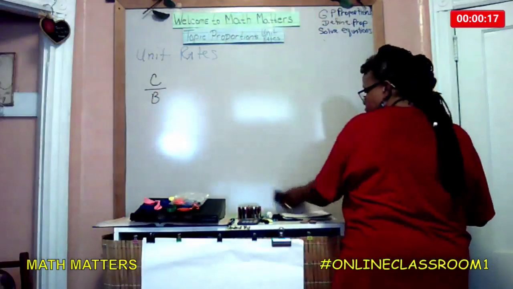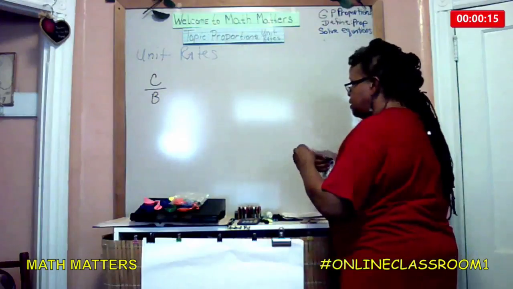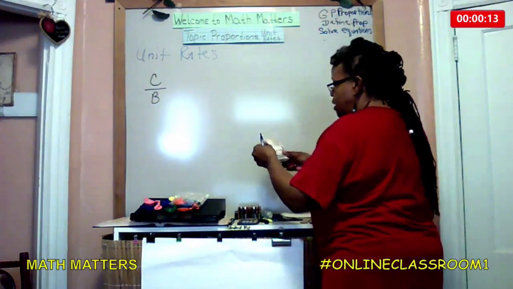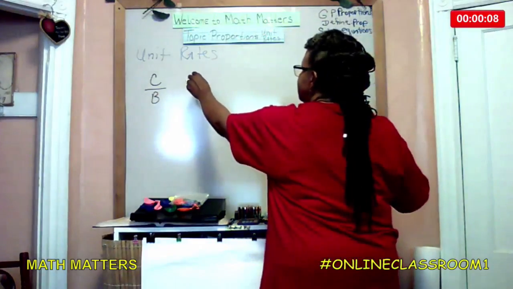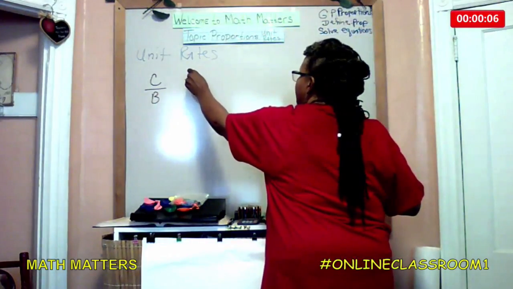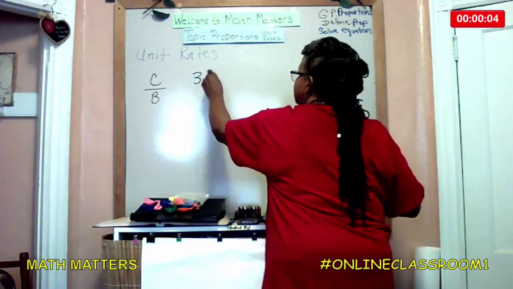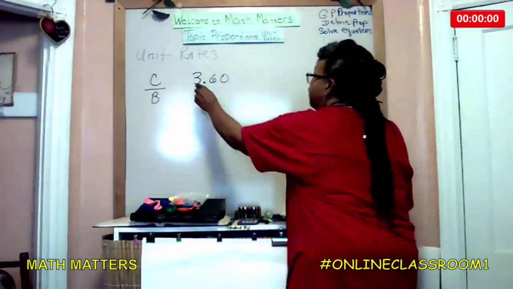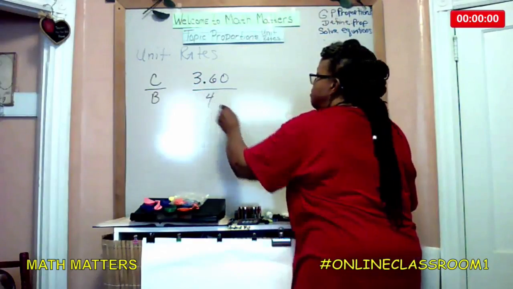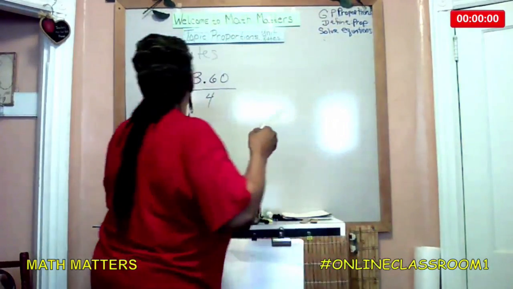I'm going to work it out, 4 measuring tapes, the cost of the package of measuring tapes is, say, $3.60. $3.60 for 4 measuring tapes.